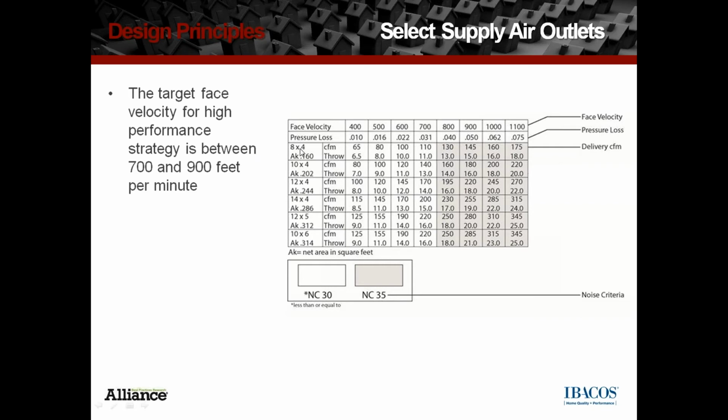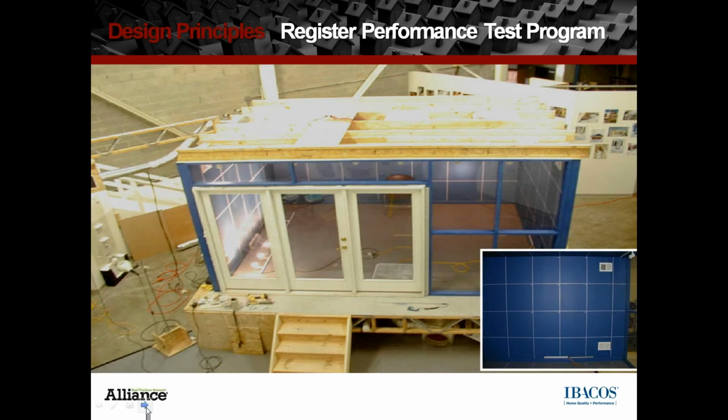The catch here is, because they've listed 8 by 4 as their smallest, doesn't necessarily mean that's the smallest one. You may have to go back to them and ask for more data than what's readily published. Although this is getting better and has been getting better for many years. There are more choices, more variety for us. Don't have to jump to the light commercial register. There's more stuff available in the residential line.